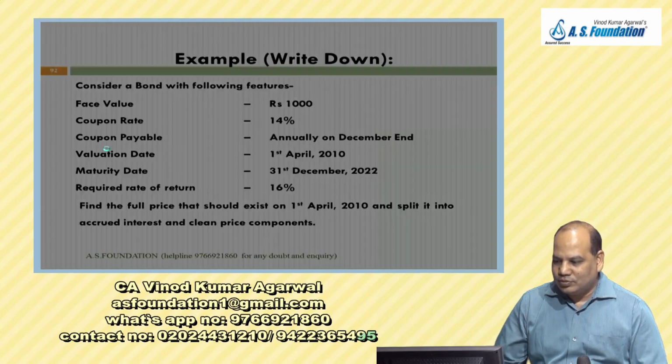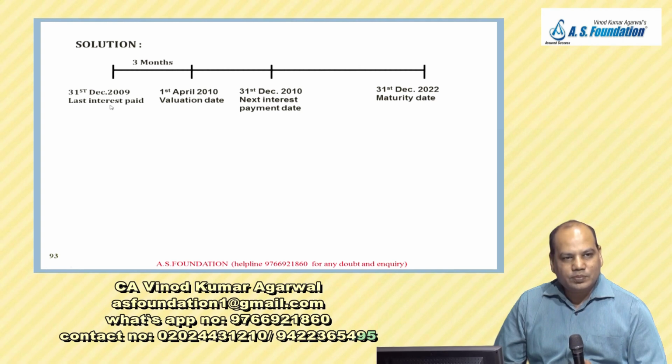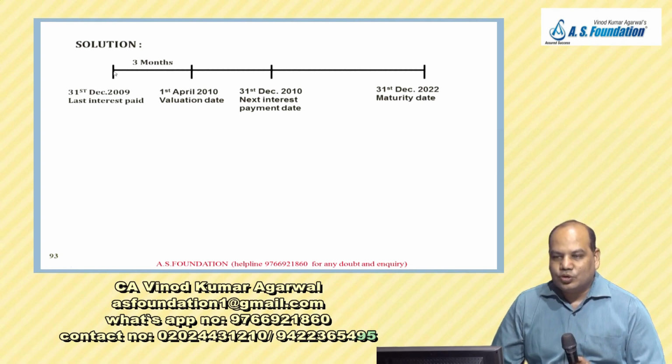Okay, first you understand this timeline. There are 4 important dates in this problem. First date, write 31st December 2009. This was the last time in this question when the interest was paid, last interest paid. Up to 31st December 2009, the coupons have been paid.